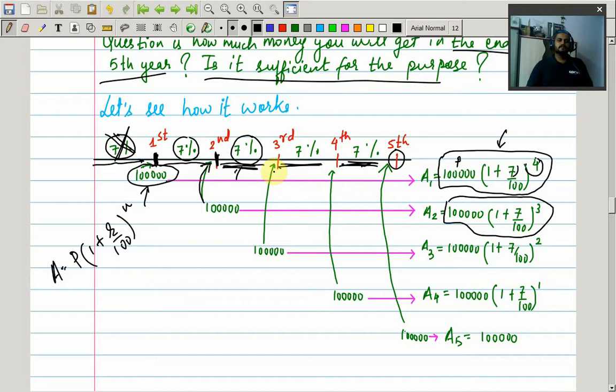At the end of the third year, again you have to deposit 1 lakh, and that 1 lakh rupees will be kept for 2 years. So this third installment will grow to this, raised to 2. Fourth installment.